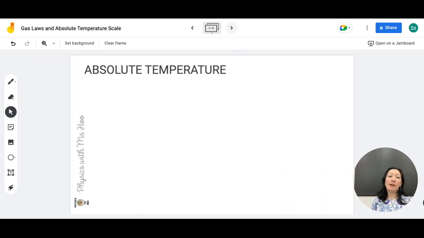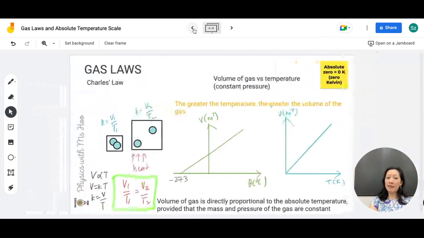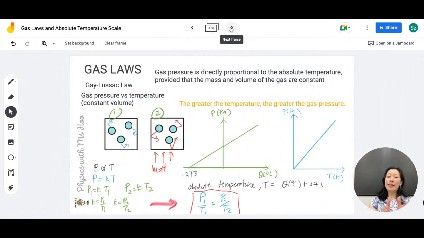So touching a little bit on absolute temperature. Absolute temperature refers specifically to temperature in the Kelvin scale. As you saw from the earlier explanations of the gas laws involving Charles and Gay-Lussac, you can see how this Kelvin scale came about.